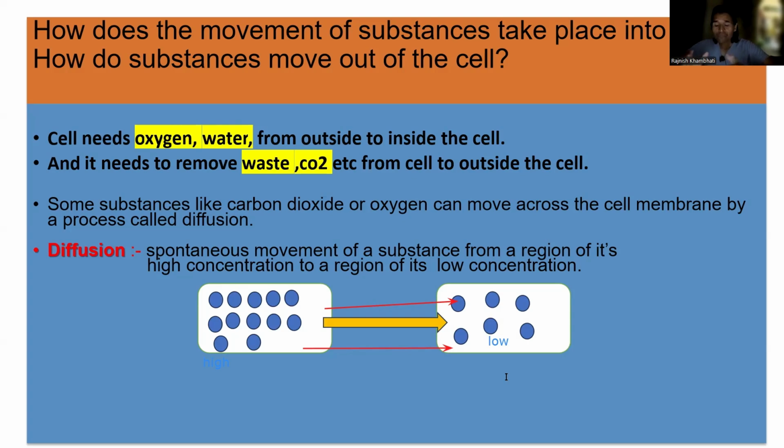Clear? And this movement will continue till both sides become equal in concentration. When left and right sides are almost equal, at that time this movement will stop. And this movement is known as diffusion.